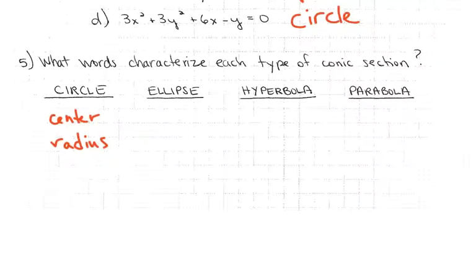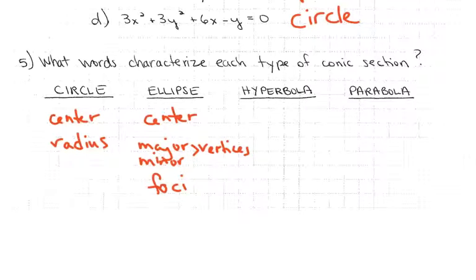In an ellipse, we also need to know where the center is, but we want to know the major and minor vertices. So we want to know the length of the major and minor axis. And the other word we use when dealing with ellipses is foci.